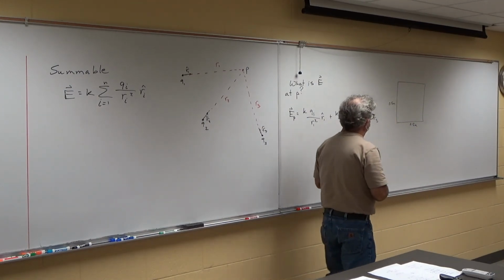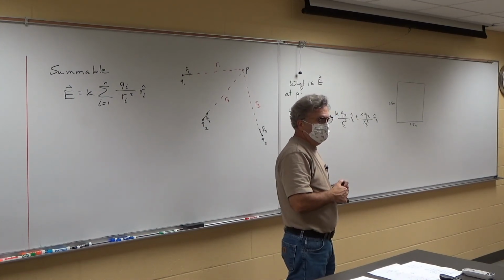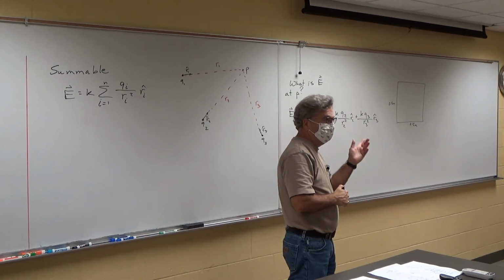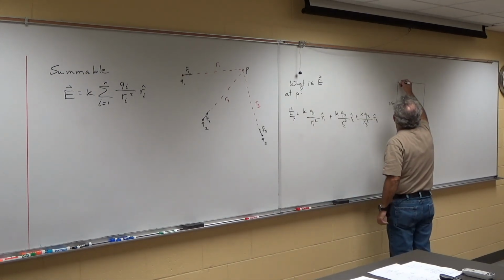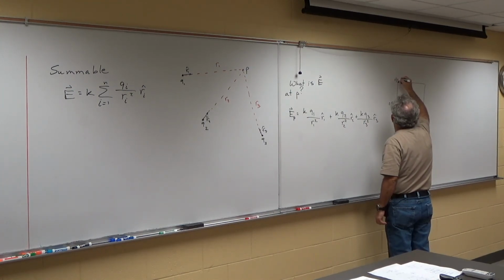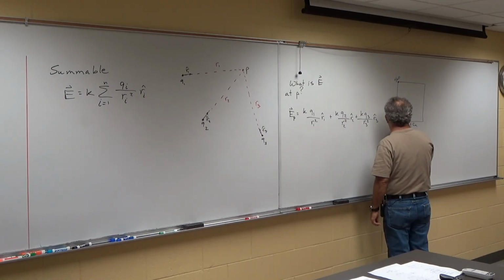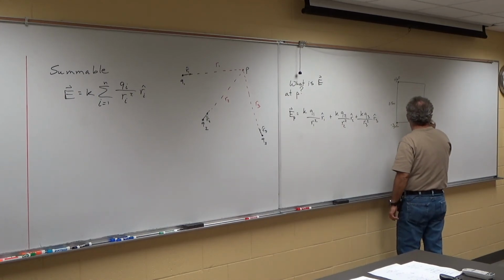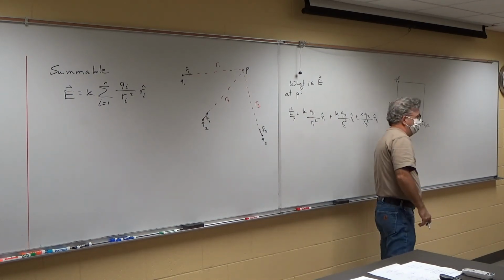And there are 3 point charges that are fixed at 3 of the corners of the square. Up here there's a positive +1 microcoulomb. Here's a -3 microcoulomb. And over here, I'll use odd numbers.